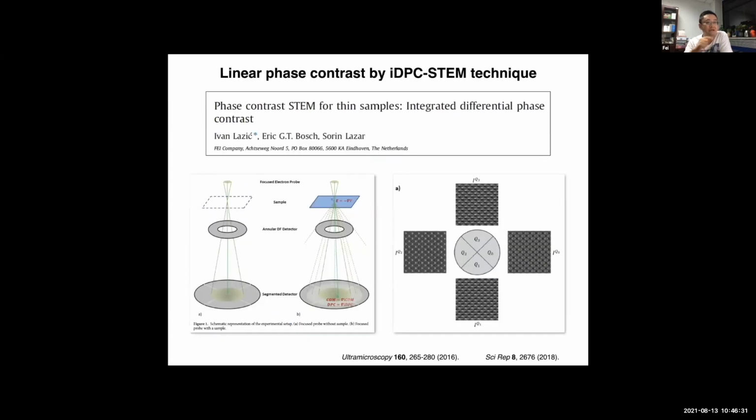But recently, another technology appeared, developed by a scientific company. It's called iDPC STEM. The iDPC STEM can generate linear contrast. That's called phase contrast.